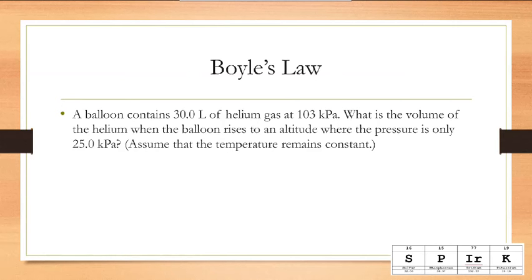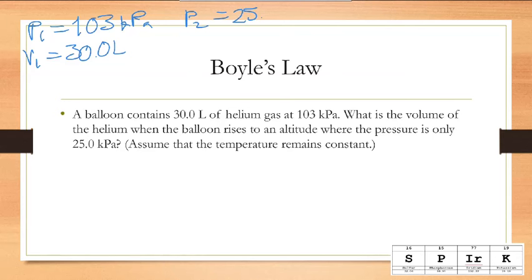So we're going to write down what we know. P1 is 103 kPa. V1 is 30 liters. P2 is 25.0 kPa. So we see a decrease in pressure. And we're solving for V2.